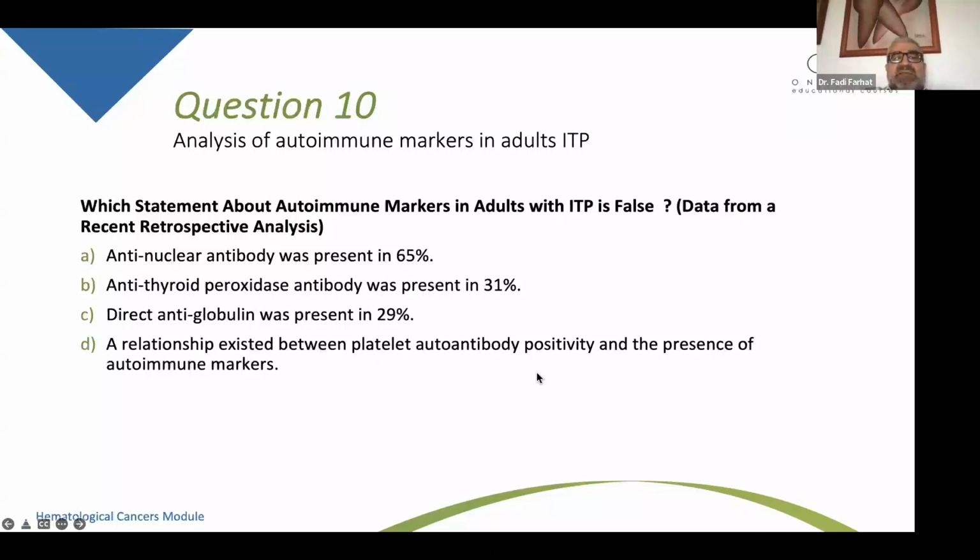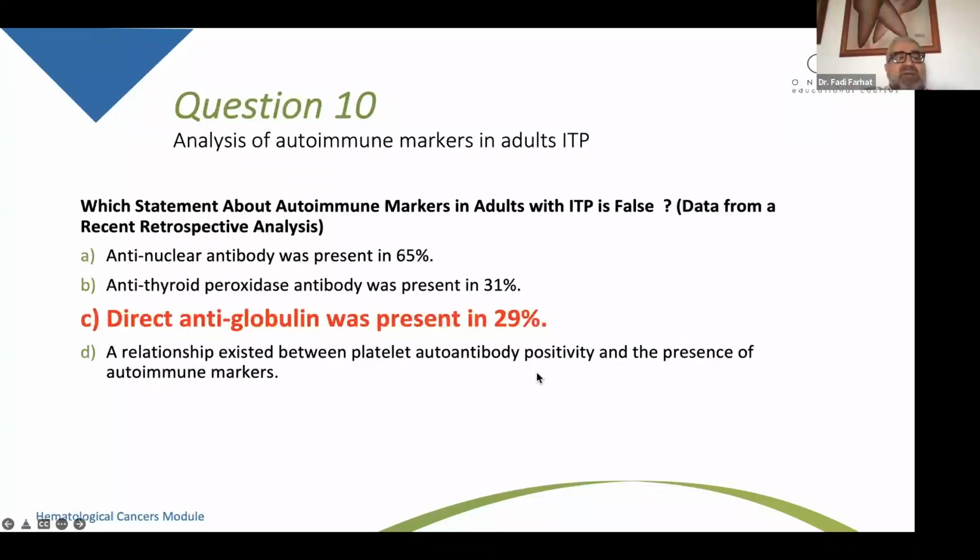Okay, Dr. Khalid is not with us to answer. The right answer is that direct antiglobulin was present in 29%. And if you remember the use of the new drugs, the Btk inhibitor, it was based on the fact that the antiglobulin, usually the IgG, is associated with the Fc receptor. I don't remember the receptor.